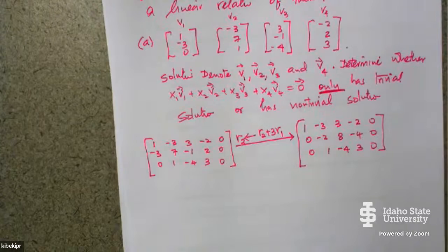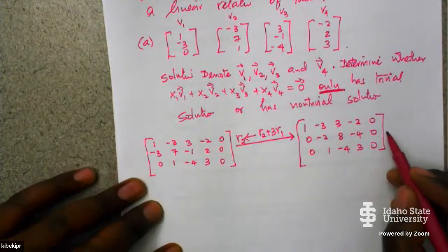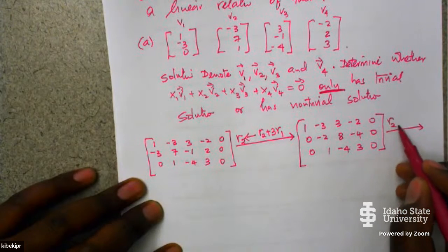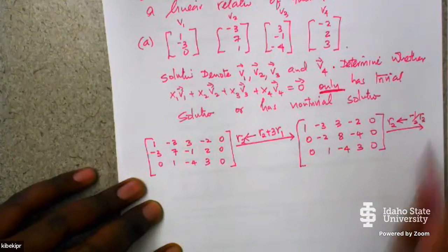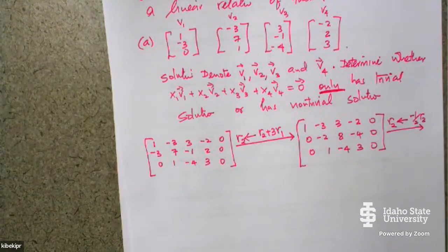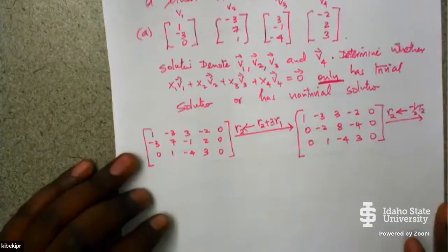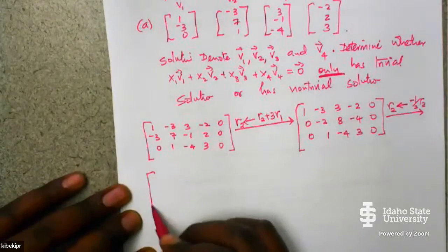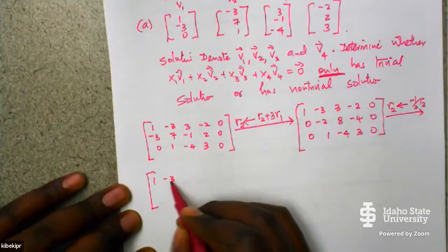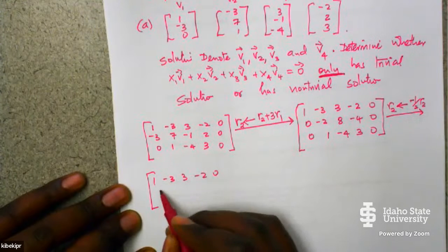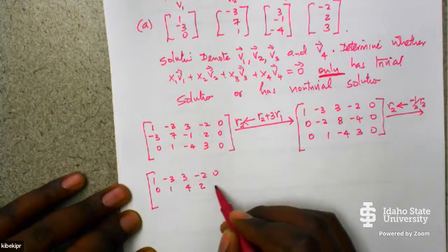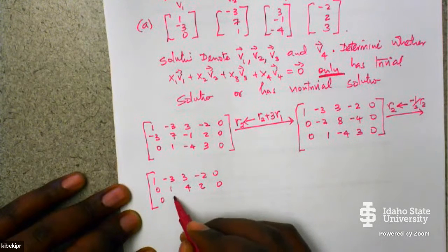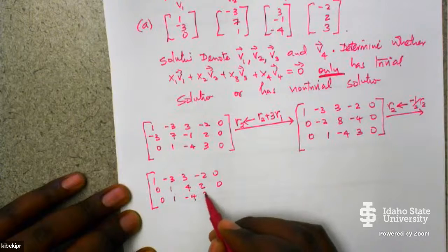Then we multiply the second row by 1 over 2, giving 1, -3, 3, -2, 0; then 0, 1, -4, 2, 0; and then 0, 1, -4, 3, 0.